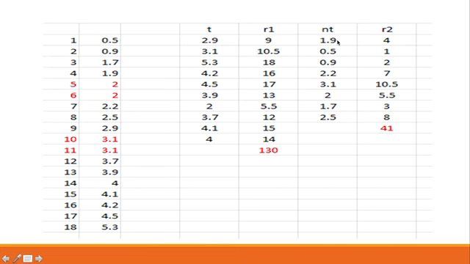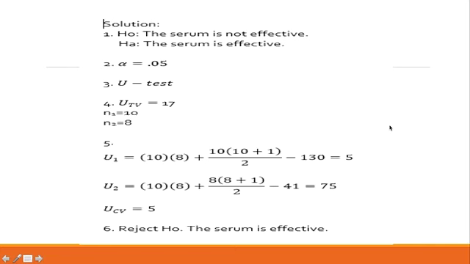Then for this no treatment group, 1.9 is the first entry. Let's look for 1.9, number 4. There, it is number 4. 0.5, number 1. Let's put number 1 and so on and so forth. The ones colored red are the sum of the ranks. So, going back here, N sub 1, N sub 2, N sub 1, N sub 1 plus 1.